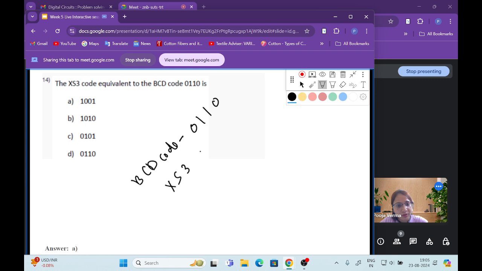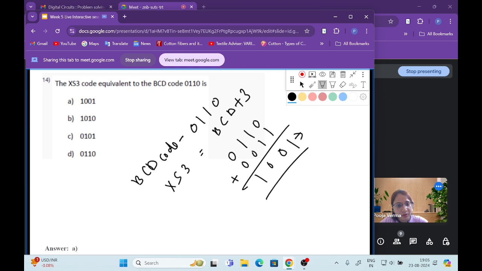So BCD code 0110 plus 0011 gives 1001, which is equivalent to 9.